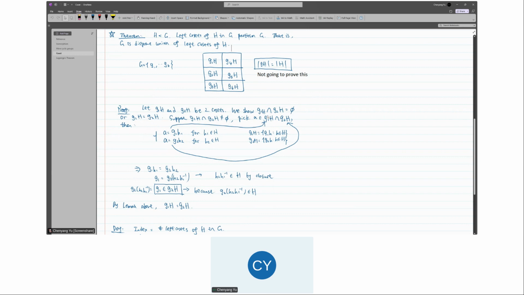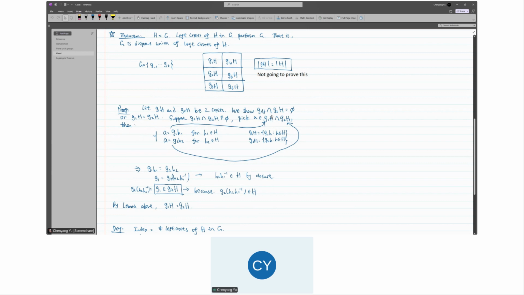We pick this element A from the intersection. It implies two things, okay? The first thing is A is in G1H. The other is A is in G2H. So we have a system of two equations. The first one corresponds to the left, and the second equation corresponds to the right.